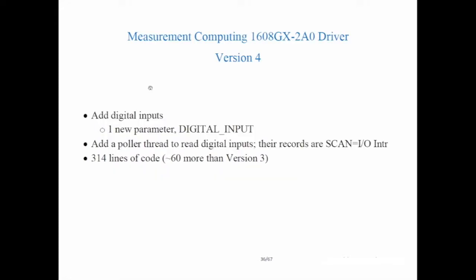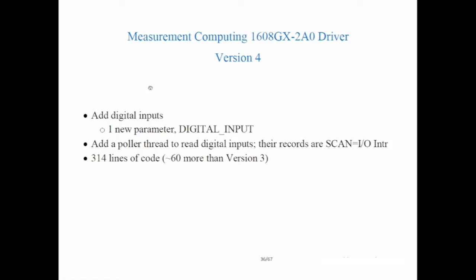Okay, so now for the next version, version 4, next to the last, we're going to add digital inputs. So there's going to be a new parameter, digital input. And now what we're going to do is add a poll thread that reads these digital inputs so that the records themselves can have scan equals I/O interrupt.